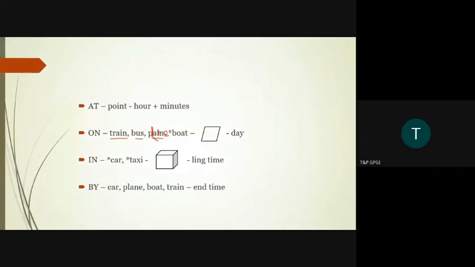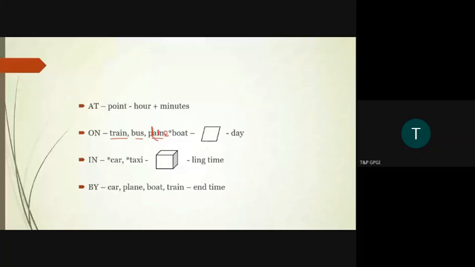I'll come back to the boat later. So on the train, on the bus, you don't have your own train, plane, or bus. You usually share it with a bunch of people. Obviously, common people don't have their own trains, buses, or planes. But I'm talking about common people.